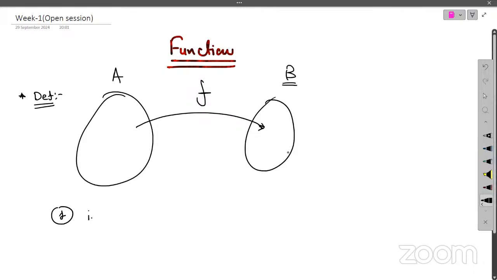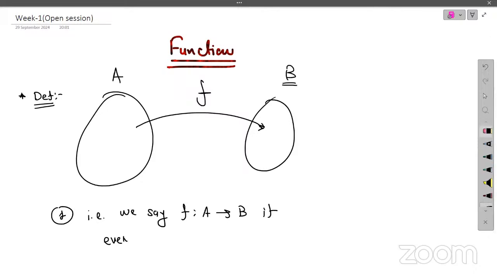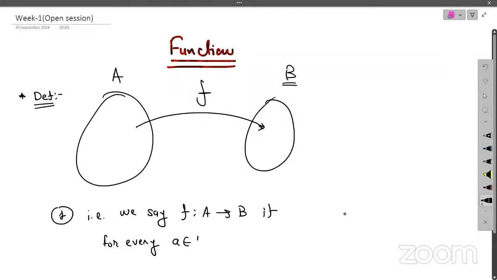That means we say f is a function from A to B. That's how we write it, that f is a function from A to B, if for every element of A, for every a in A, this is one rule, we are allowed to accept that a as an input.